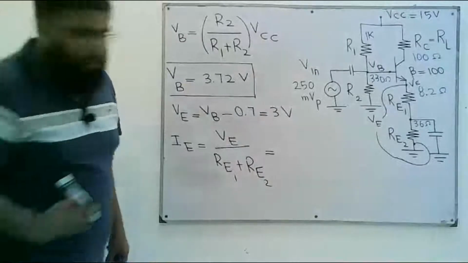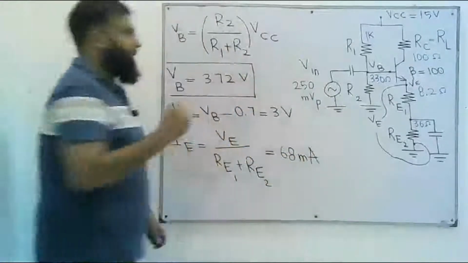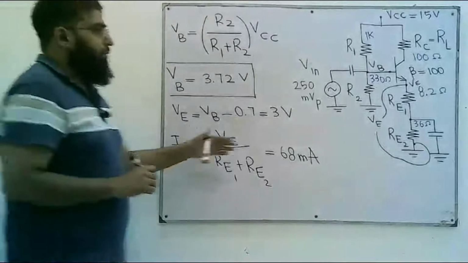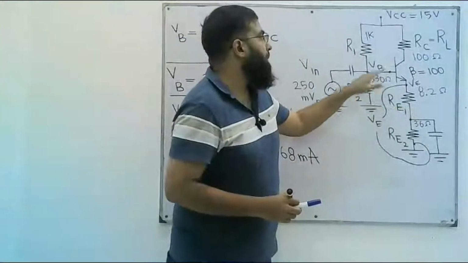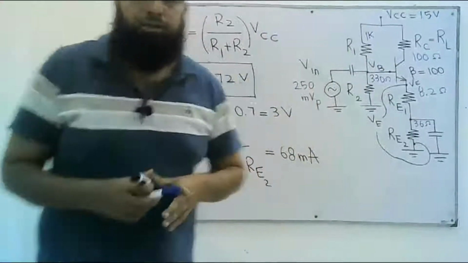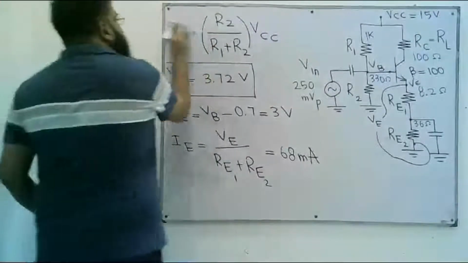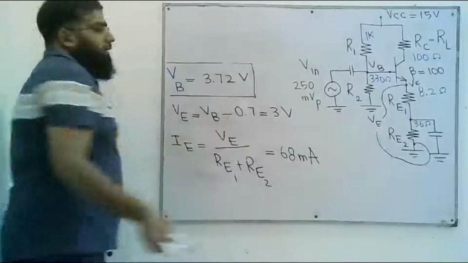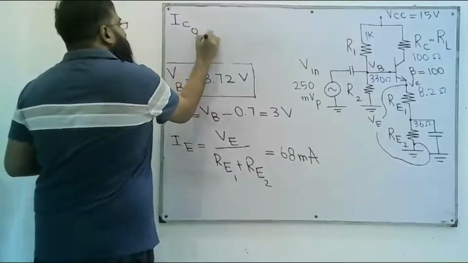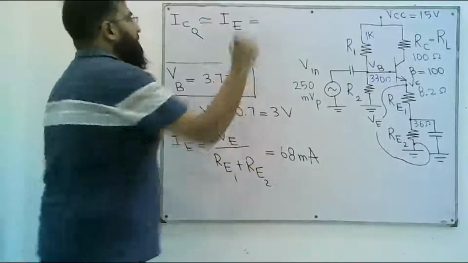Plugging these values gives us IE equal to 68 milliamperes. We know that IE is IB plus IC. Since IB is negligibly small, we assume IE is approximately equal to IC. Therefore, ICQ is approximately equal to the IE we have just computed, 68 milliamperes.